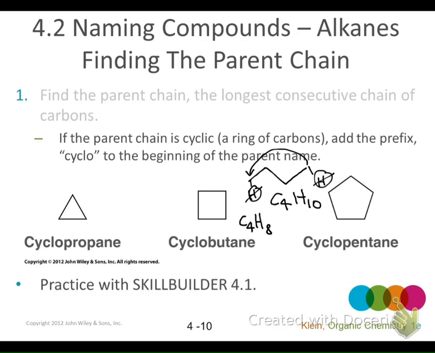It could also, by the way, be this, a double bond. So the double bond and the ring have the same effect on the formula. You don't know which one it is just from C4H8, because there's 2, right? 3, 4, 5, and then 3 more is 8.